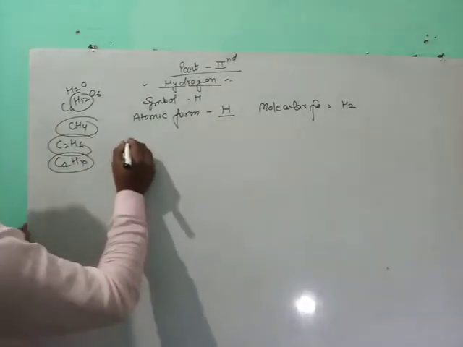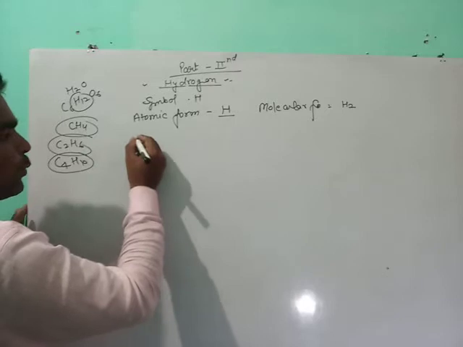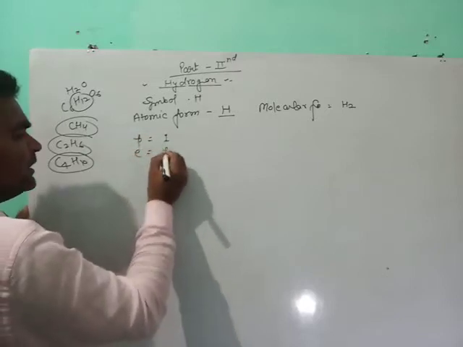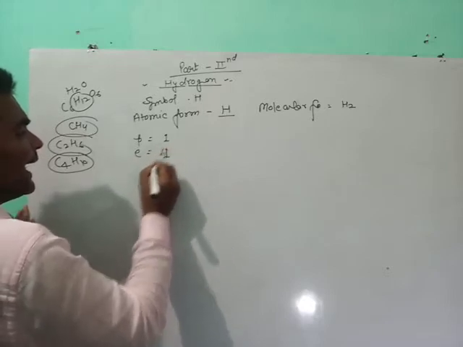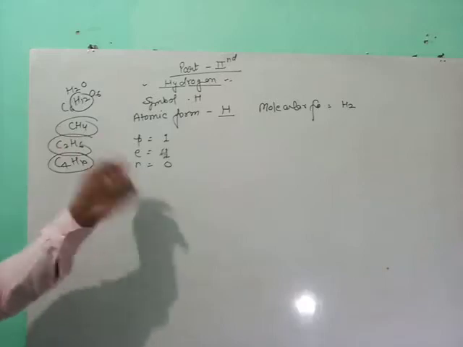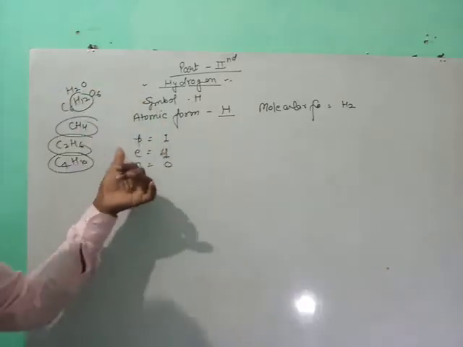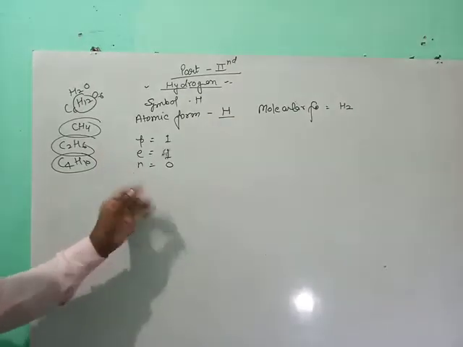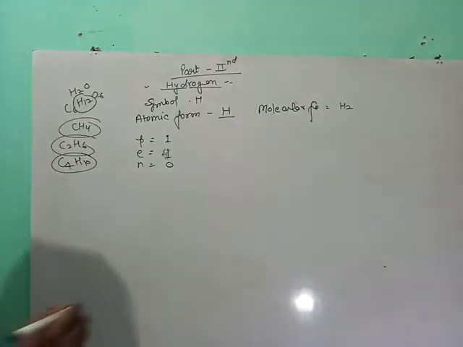Hydrogen contains one proton, one electron, and zero neutrons. Means the number of protons in hydrogen is 1, the number of electrons is 1, and hydrogen contains 0 neutrons.